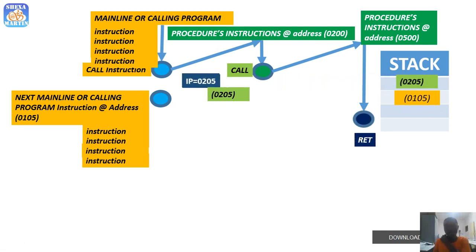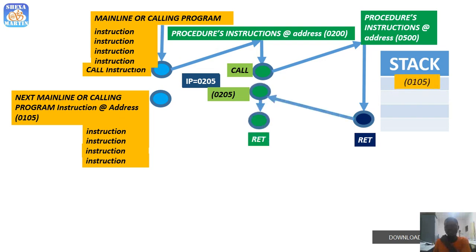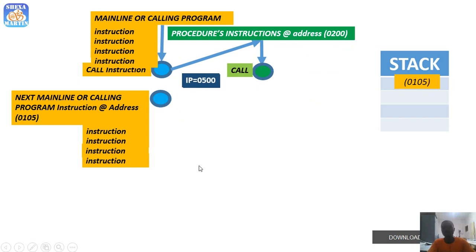The moment we say return, the value that was put on top of the stack goes back into IP, so that we proceed with the execution of this second procedure. Then once we are done, the value on top of the stack is moved back into IP, so that we proceed to execute this instruction there. You see, it goes back, and then we have our IP at 0105, and then we finish. So this is what happens.